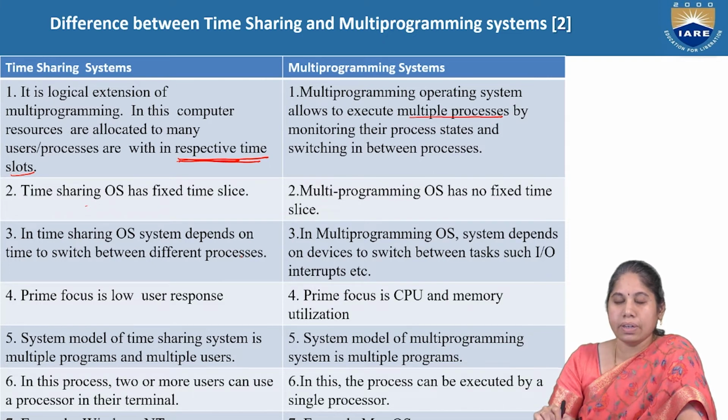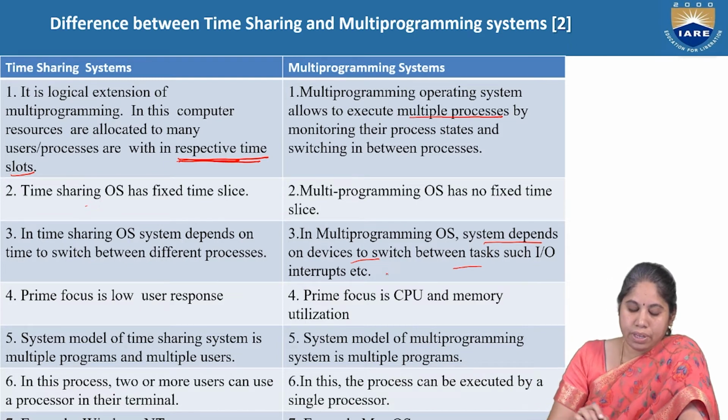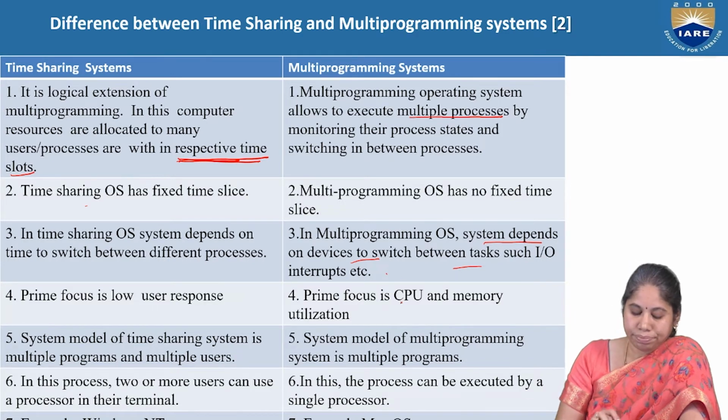But in a multiprogramming OS, the system depends on the device to switch between the tasks, such as I/O, interrupts, etc. Here the prime focus is on low user response. There the prime focus is on how efficiently we use the CPU and memory, utilizing them properly.